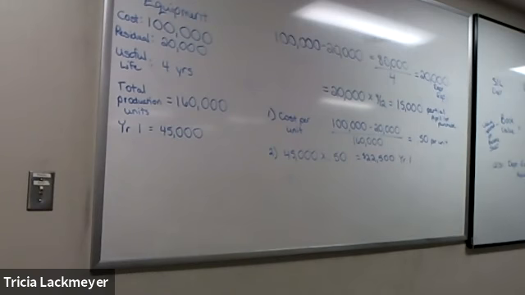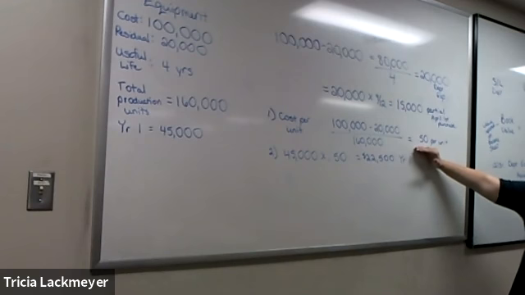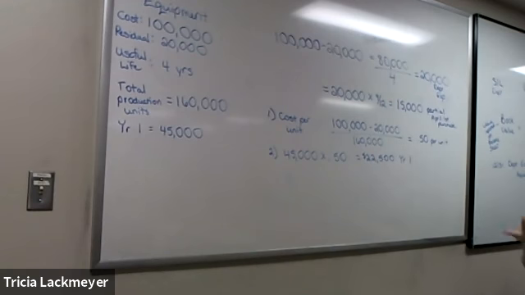They'll give you all the stuff on the left. So step 1, calculate a cost per unit. Step 2, take whatever your production was that year and multiply it by the cost per unit. That one's pretty easy, just if you have it written down. Any questions on that one?